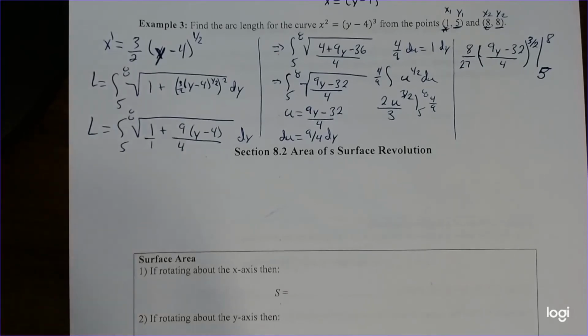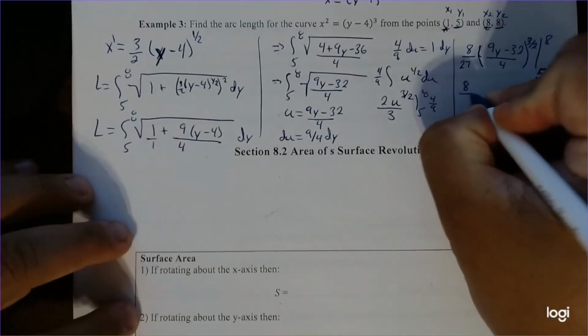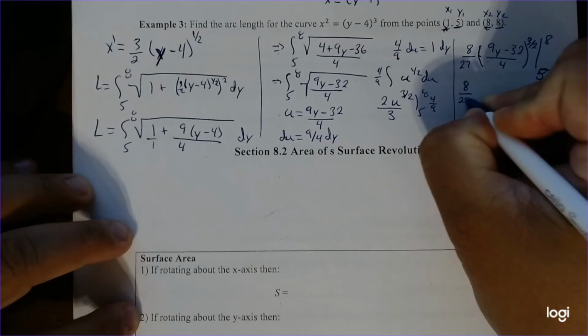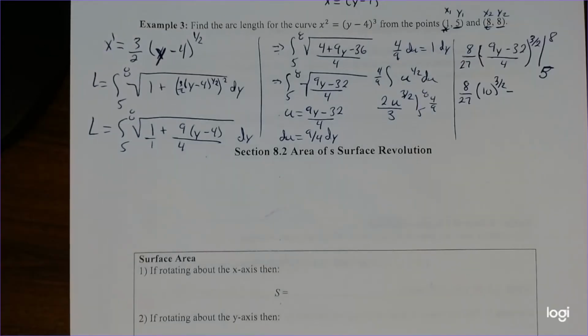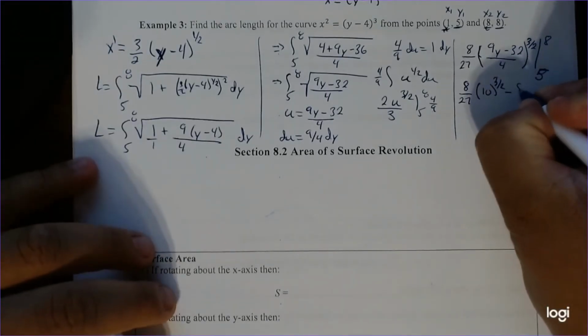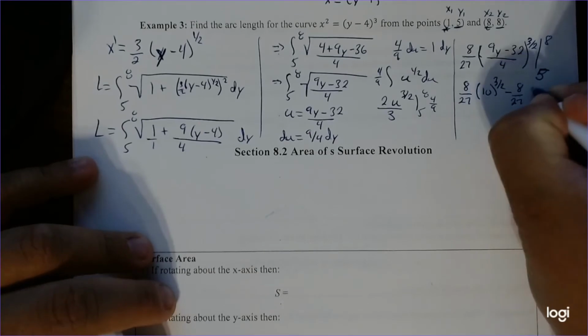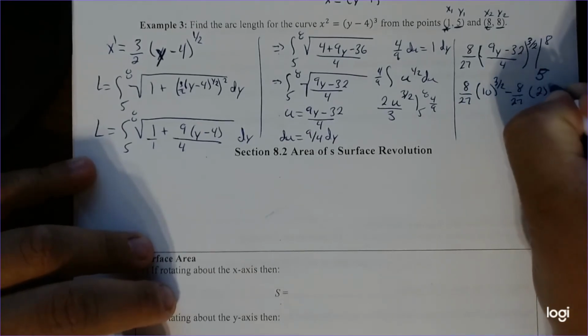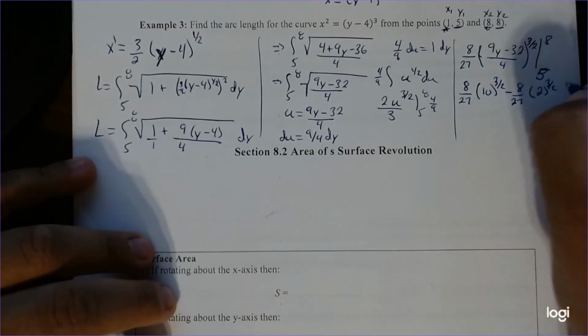So this is going to end up being 8 over 27 times 10 to the 3/2 power. Then for 5: 9 times 5 is 45, 45 minus 32 is 13, hmm. So minus 8 over 27 times 2 raised to the 3/2 power.